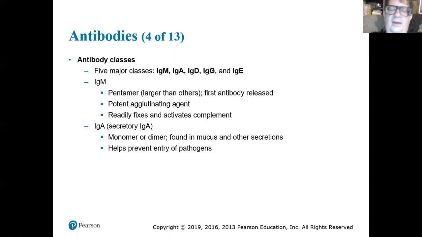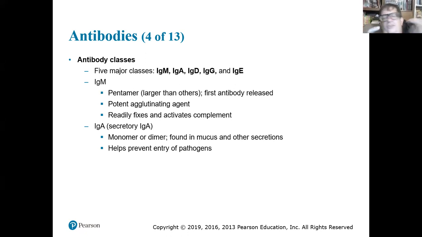What does that mean? That means that it's going to grab onto multiple antigens and clump them together. Like, say the wrong blood got put in your body, antibodies will grab onto this red blood cell and this red blood cell and pull them together, and maybe that red blood cell and pull them together, and you'll have a little cluster that doesn't move as easily through the body because it's too big.